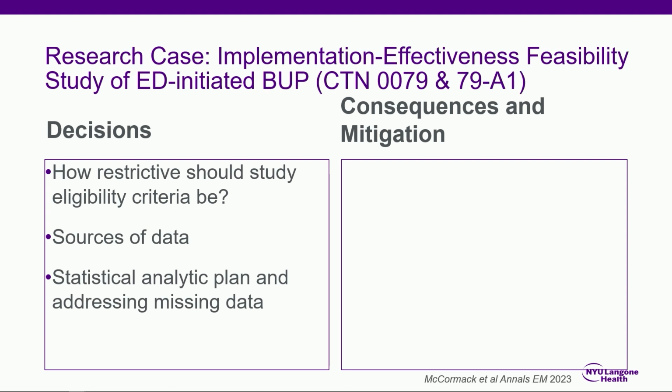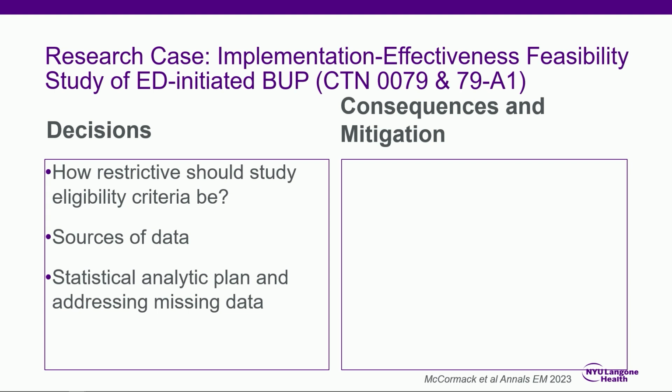Another study that Kate and I, along with several others in the NIDA Clinical Trials Network, did was looking more at implementation and effectiveness, a feasibility study in more difficult settings where we're trying to see the whole population.